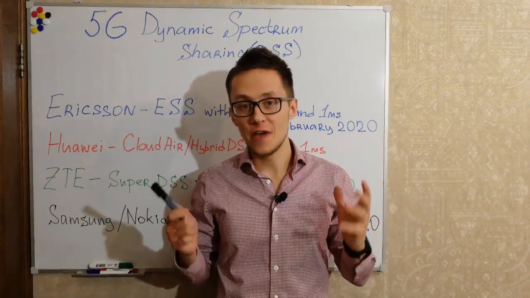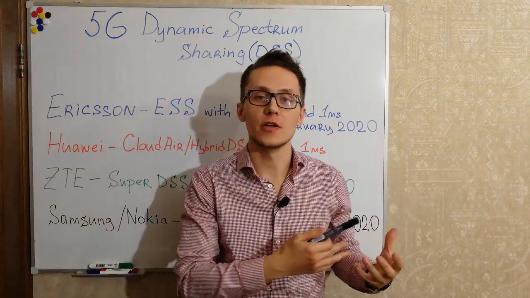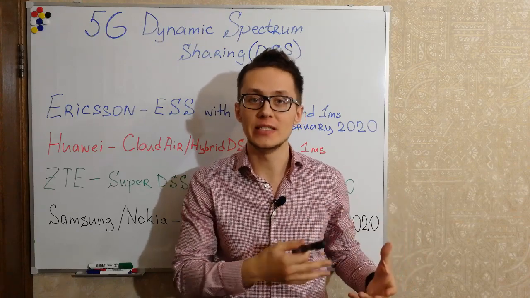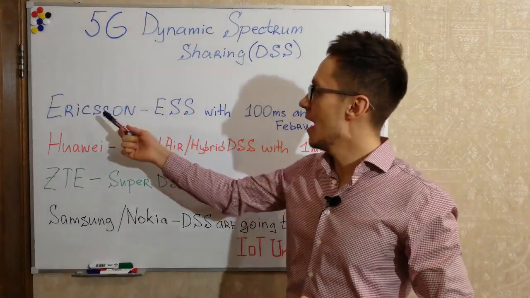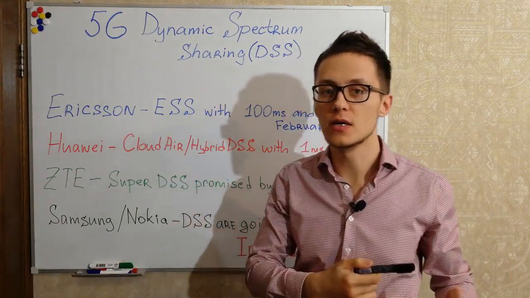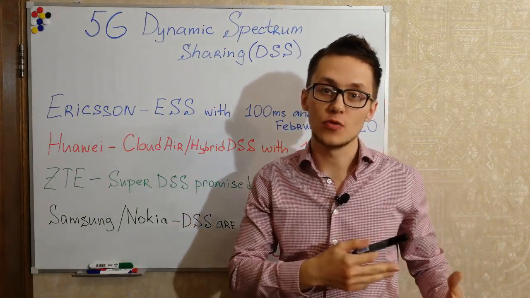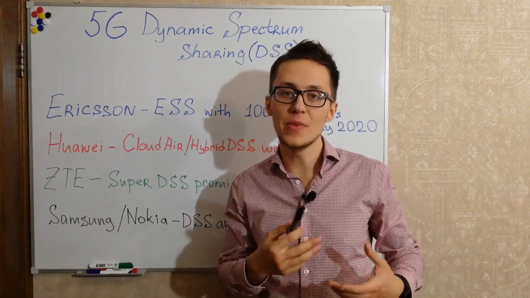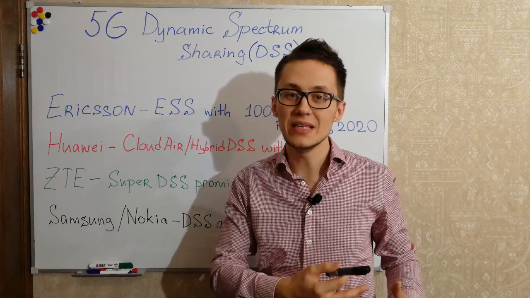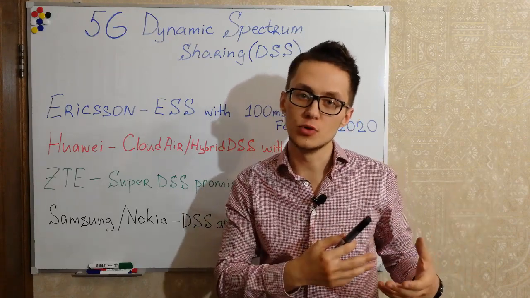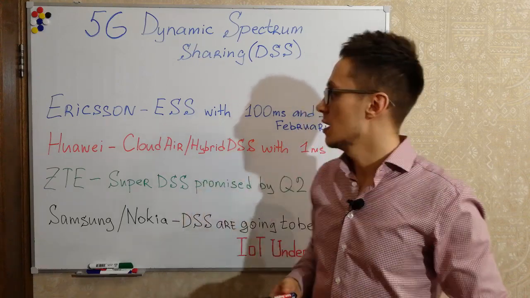So let's look at what vendors can offer right now, in the first quarter of 2020. Ericsson is ahead of everybody in dynamic spectrum sharing, because Ericsson is a main contributor and probably the main developer of that solution for a long time.